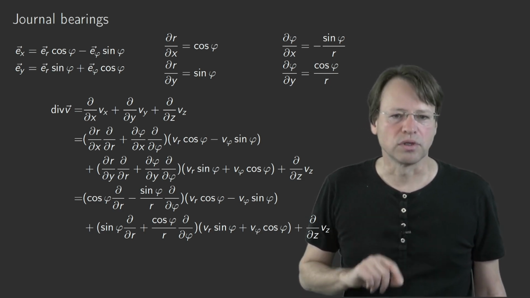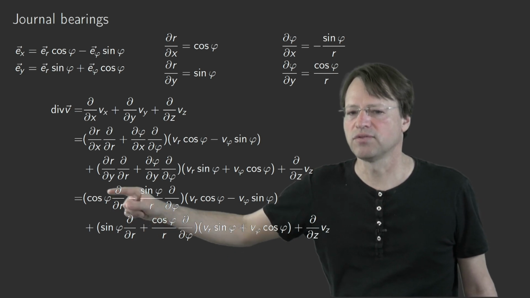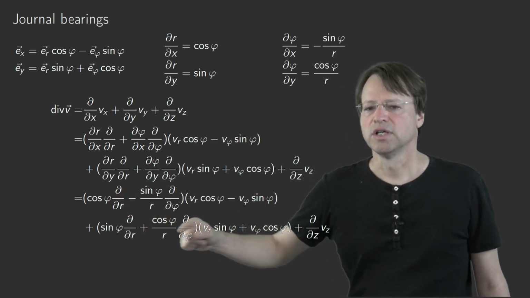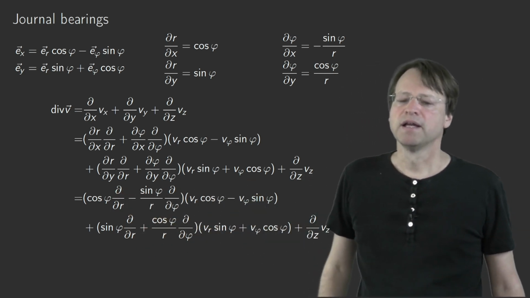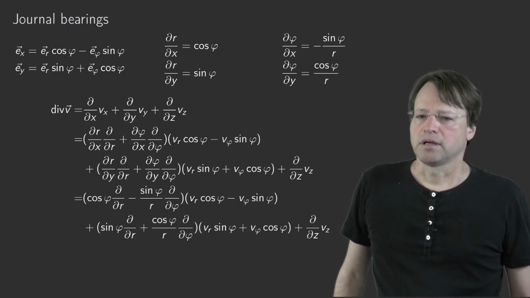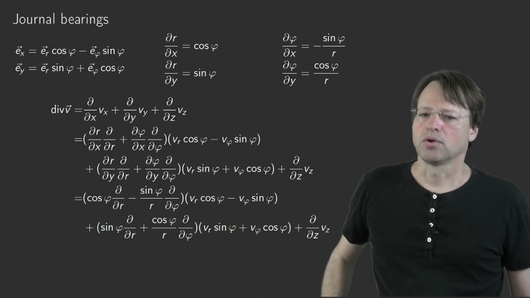And let's do this in a clever way, because as you can see from the first and the second line of that equation, there are many places where corresponding terms occur.